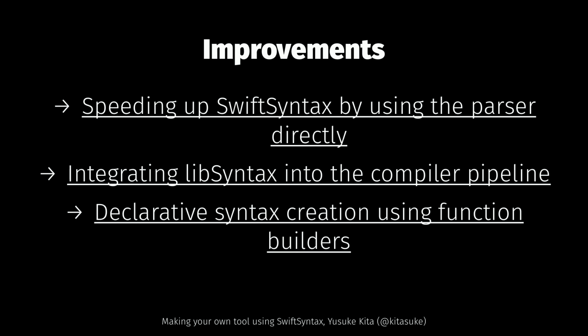So honestly, comparison with SourceKit is not in my scope during this talk. But before ending my talk, I'd like to mention some big improvements in SwiftSyntax, because at least last year, many people said, "Hey, SwiftSyntax is too slow." SourceKit was much faster than SwiftSyntax last year, definitely.